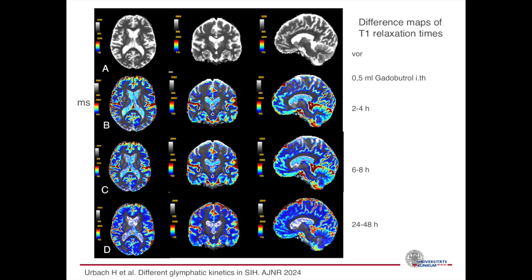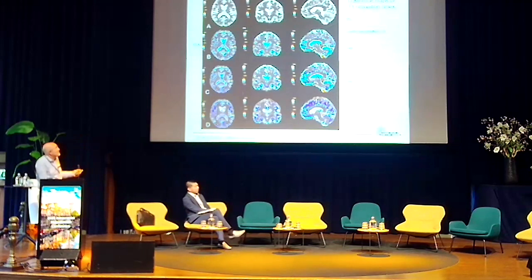We can have serial gadolinium cisternography at different points of time after injection to see this CSF flow through the brain. These are T1 relaxation time maps, the difference between pre and post contrast.